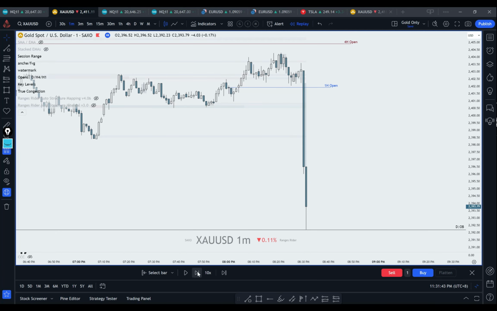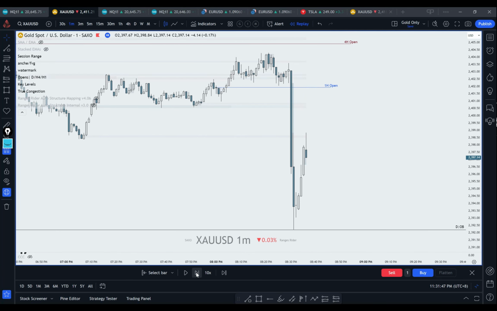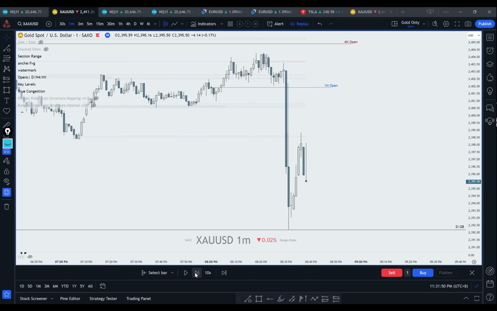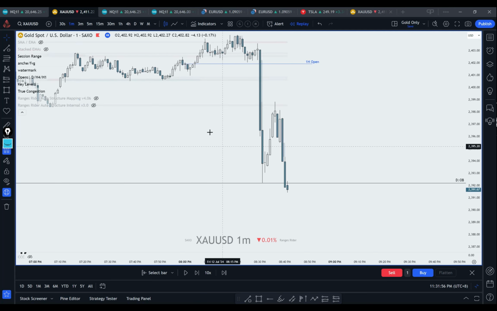That's why we are just going to wait, and we don't have any kind of confirmation entry, and we closed below this level. And this is what I call, if this is the 1 minute time frame, we closed below this level.